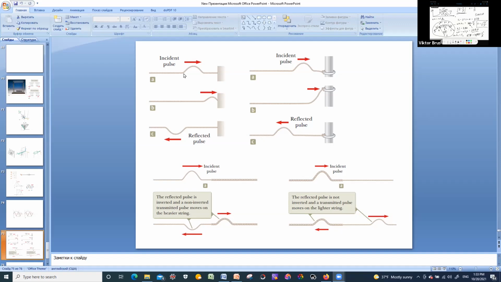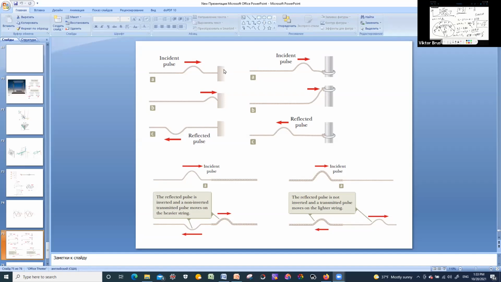Okay, so let us assume such a case when we have a mechanical disturbance in the form of a pulse moving on a string from left to right to the edge attached to some wall.